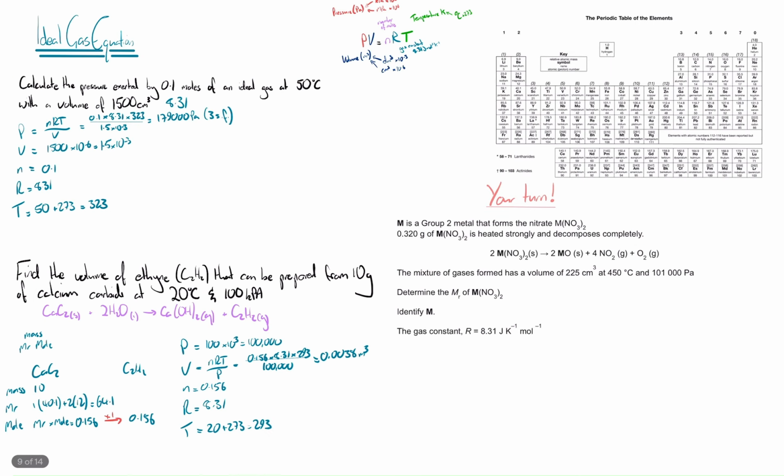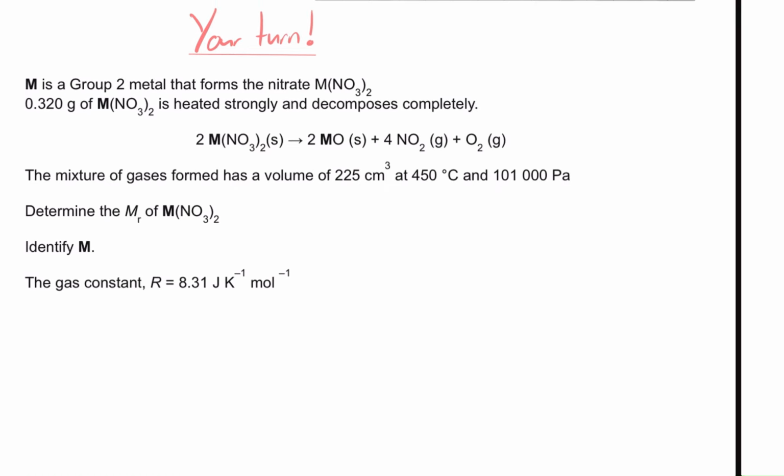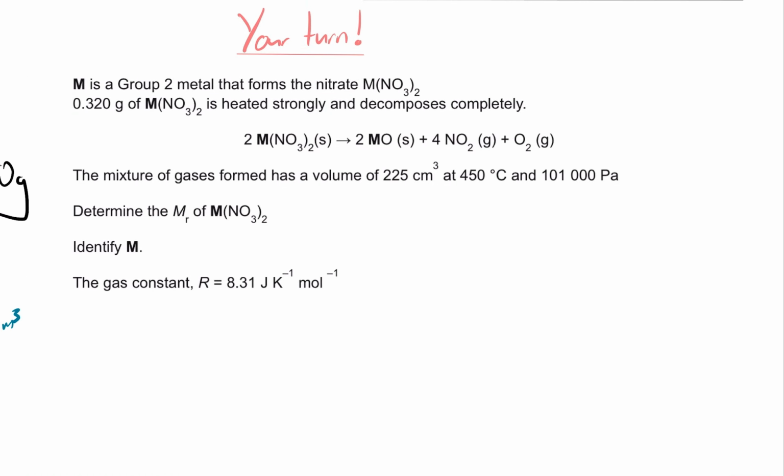Let's, for now, go back to what we did last time. So let's answer this. M, a group 2 metal. We've got MN2O6, 0.32 grams, heated strongly completely. We've got our values.